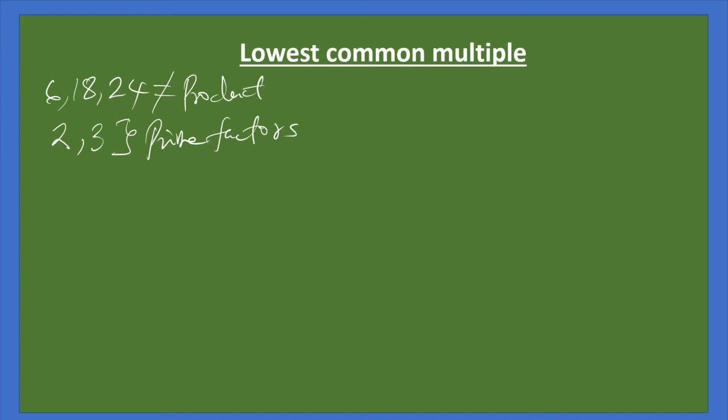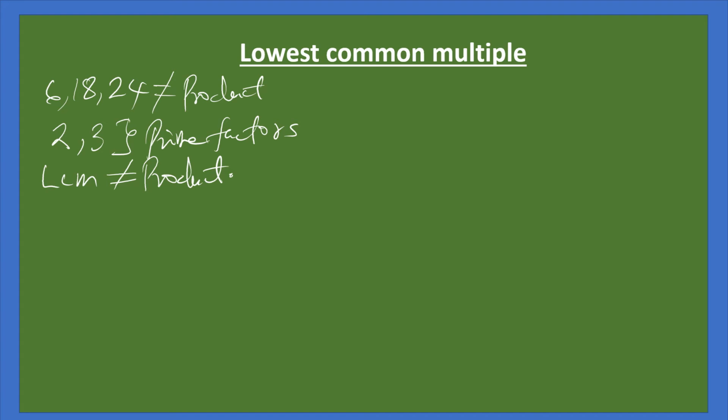Whenever you have these prime factors amongst the numbers, their LCM is never going to be equal to their product. Take that as one of the key points. Whenever you have prime factors among the numbers, the LCM is not the product of the numbers.